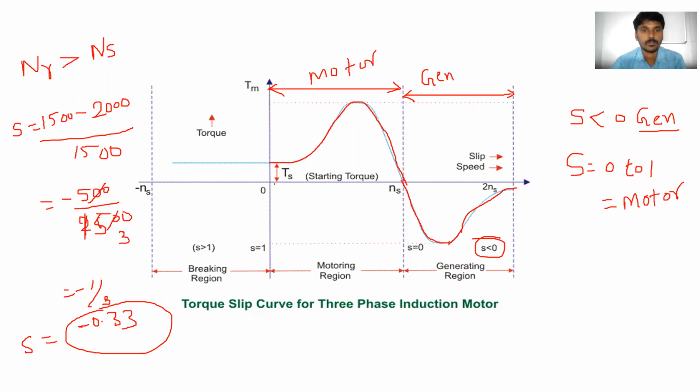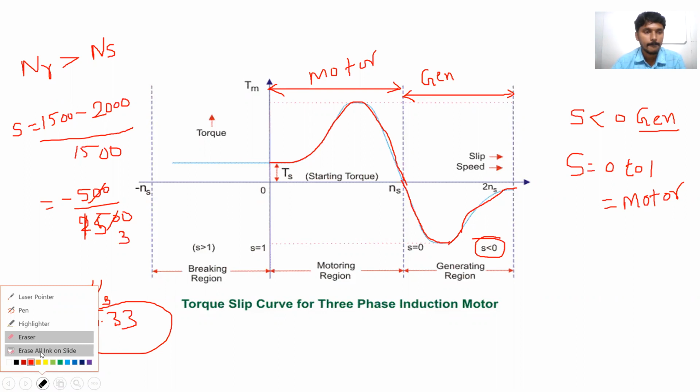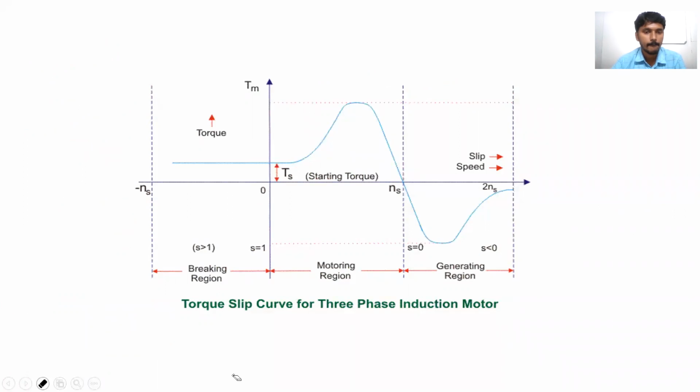So one more condition is there here. If the motor speed NR is negative, what will be the slip?